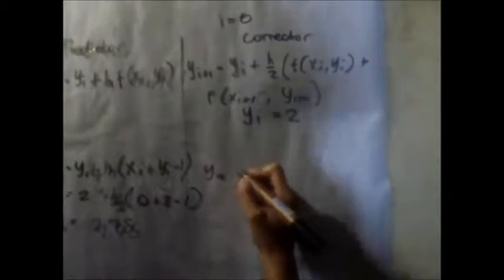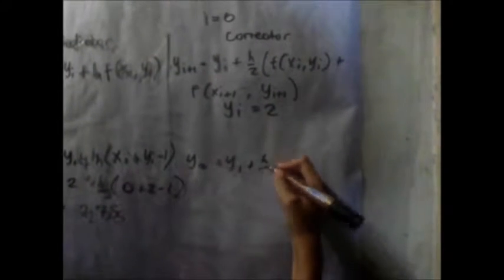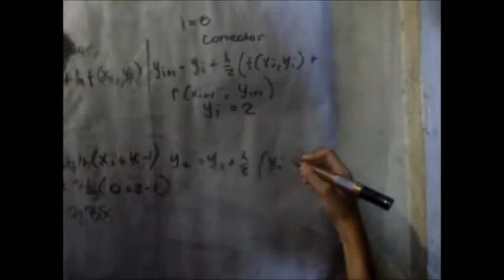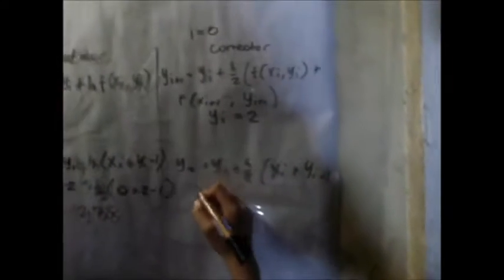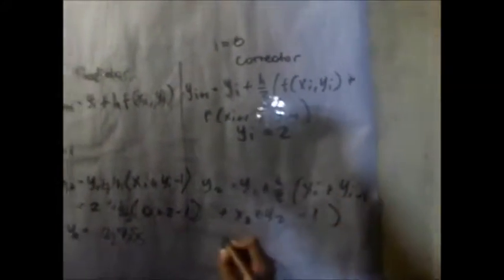So for the corrector side, y2 is equal to y1 plus h over 2, again quantity x sub i plus y sub i minus 1 plus x sub 2 plus y2 minus 1.